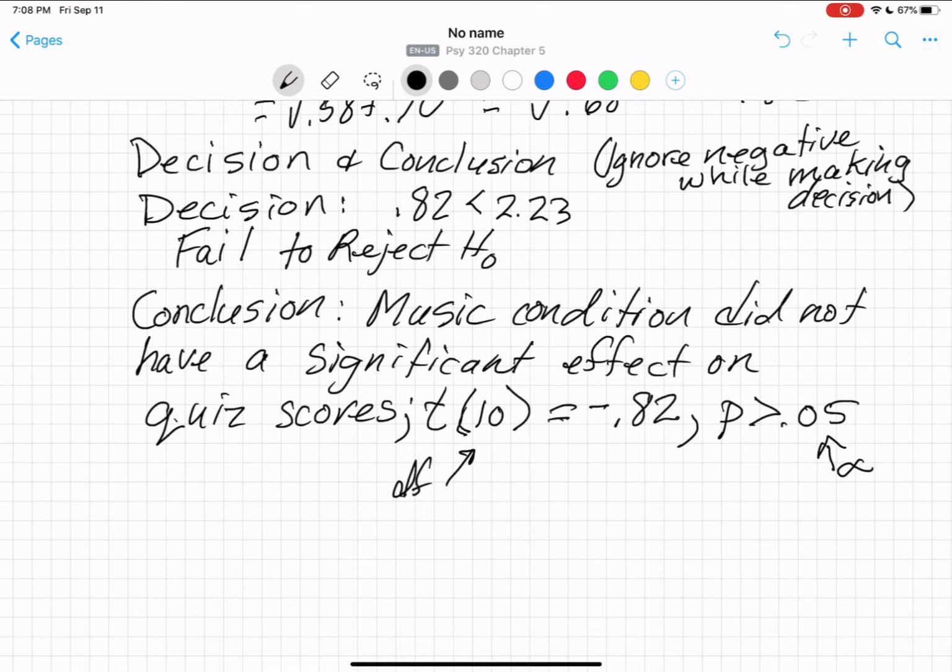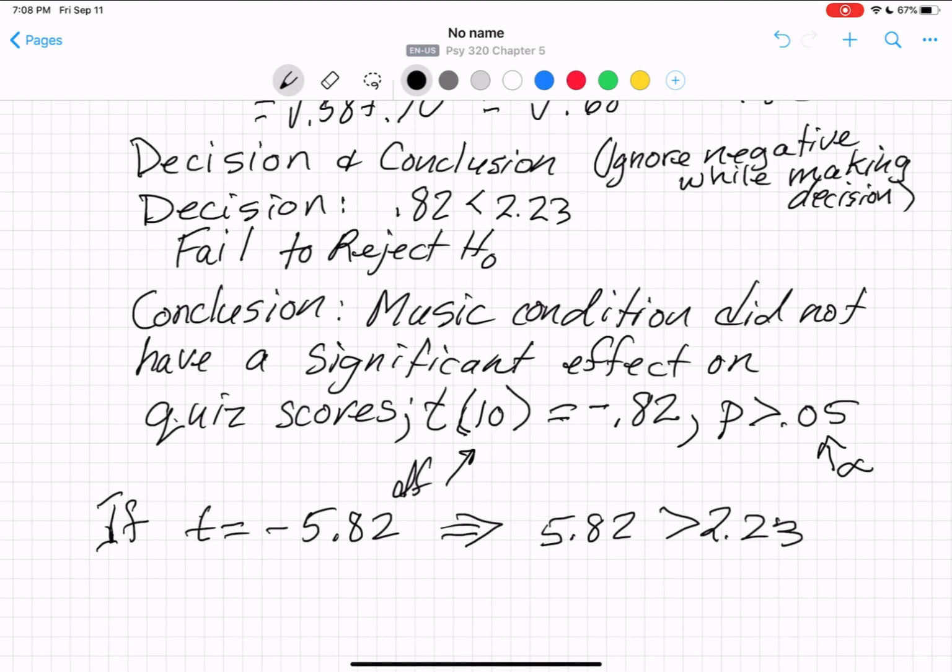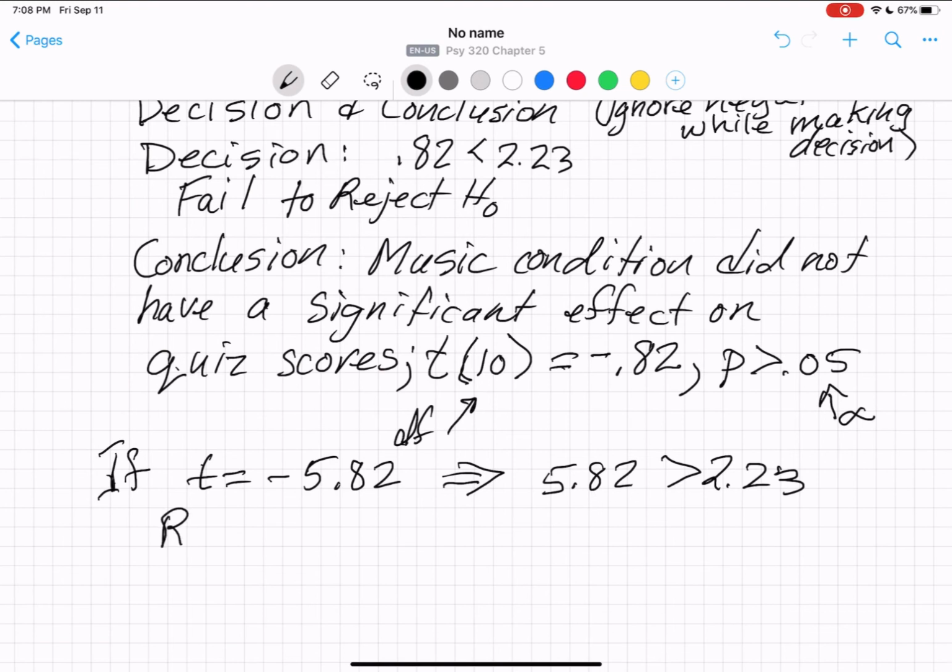Now, if you had rejected the null hypothesis here, because we have two groups, you would want to write a more specific conclusion. So, let's say if t had equaled, let's say, negative 5.82, okay, then 5.82 is greater than 2.23, okay, so we would reject the null hypothesis.